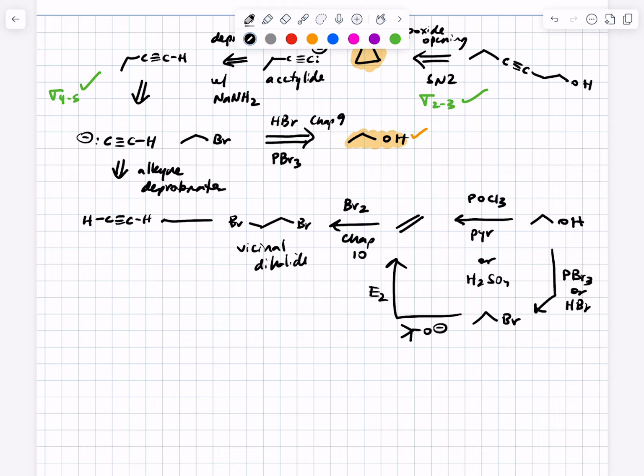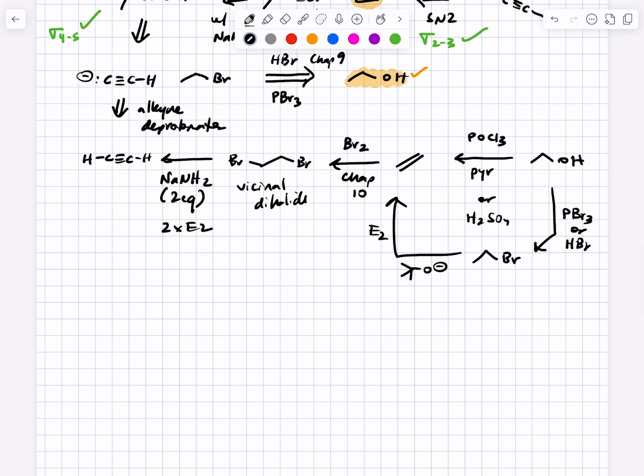And then you can use 2 equivalents of a very strong base, often NaNH2, to do 2 E2 reactions to make 2 pi bonds. That is something that was present in chapter 8, section 8.10. If you don't remember that, go look at it again. It's a good strategy for making an alkyne.